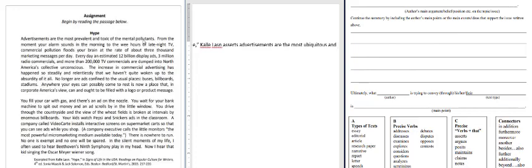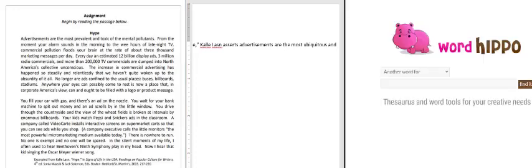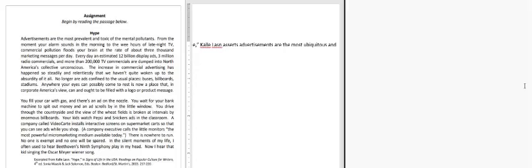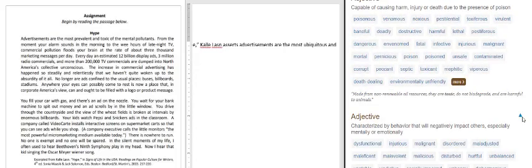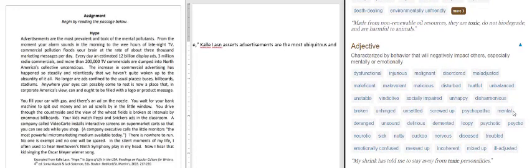And so we can find another word for toxic if we want to. Word Hippo, just so you can see how that works. And I'm going to write in the word toxic and see what I can find. So characterized by behavior that will negatively impact others. And that's kind of what we're aiming for here, and not in any other really specific way.